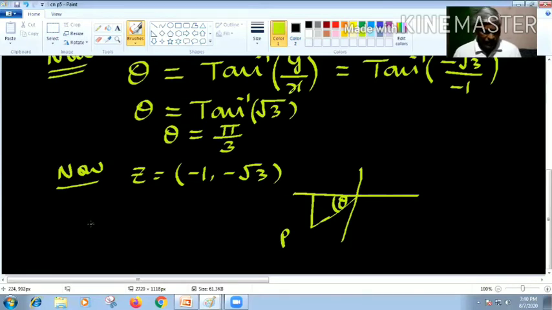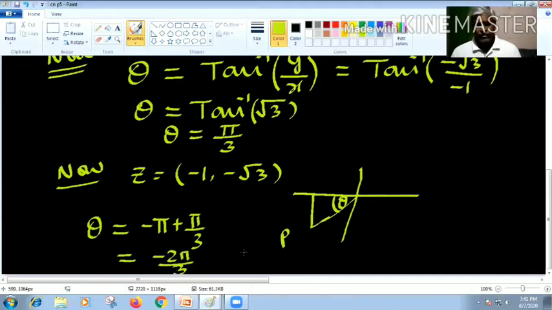So here the angle will be minus pi plus pi by 3, that is equal to minus 2 pi by 3. Minus 2 pi by 3 will be the amplitude of this complex number, and I will write it here.